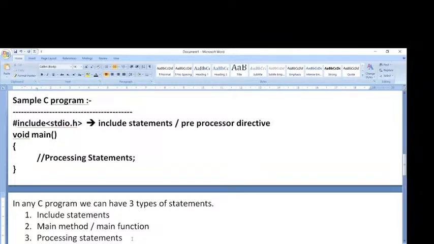Please all note down this. The different parts of a C program: one is include statement, and processing statements.